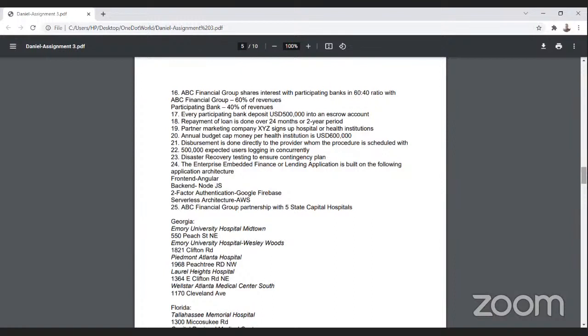But I think it is under number 25, ABC Financial Group partnership with 5 states capital hospitals. The hospital states you've listed, is it just linked to the number 25 on your page? Yes, it's a follow-up of the 25th point.